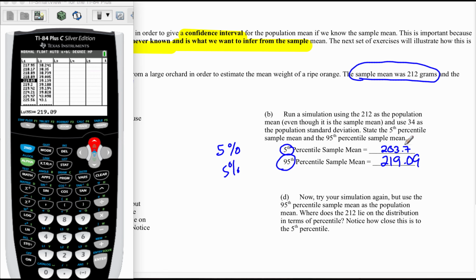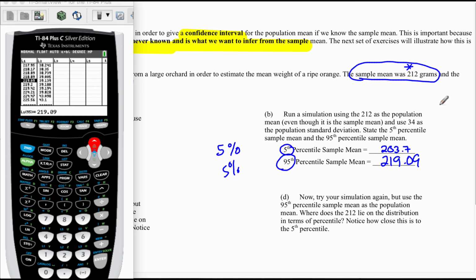Now, this is very important because as an orange grower, you want to make sure you're sending the same size fruit all the time to whoever's buying your fruit. So now you've got to ask yourself, is this true? Is the average size of your orange when ripe going to be 212 grams? You can't shortchange somebody. So maybe you took the oranges from a really sunny section of the orchard. Maybe the sample you took wasn't that great.